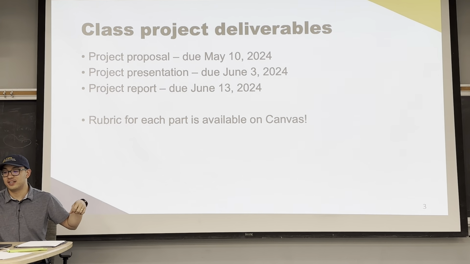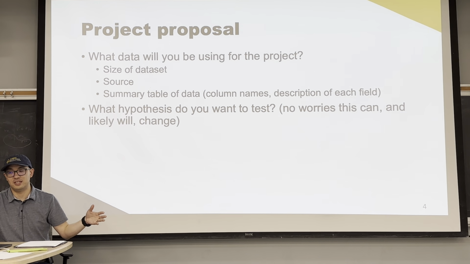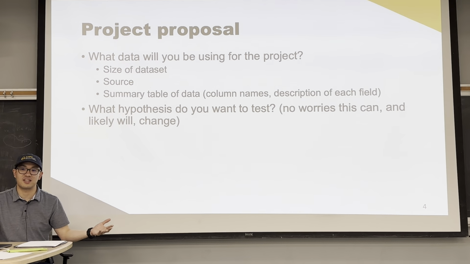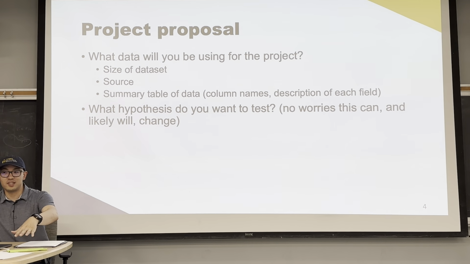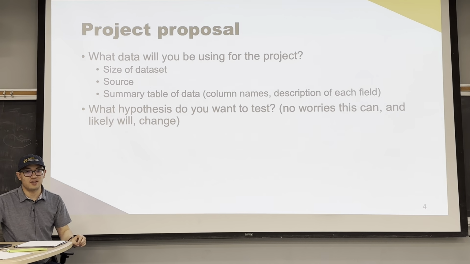The different components of the proposal are: what data will you be using for the project, size of the data set, source, summary of the table, what hypotheses do you want to test. Pretty standard stuff. There's a little bit more info in the rubric on expectations for the content of the proposal. Really, the proposal is meant as a starting point so that you start to think about and work on your final project.